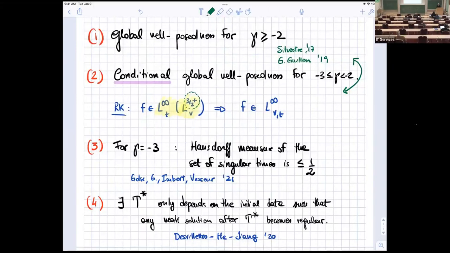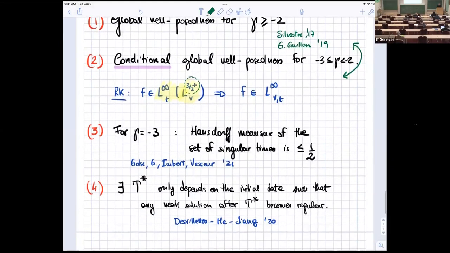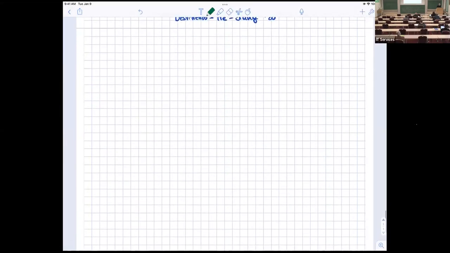10 minutes. Okay, so then I would like to give you a very simple argument for why, for gamma greater than -2, we have global well-posedness. There are several proofs in the literature.